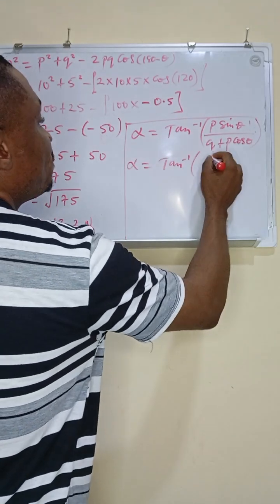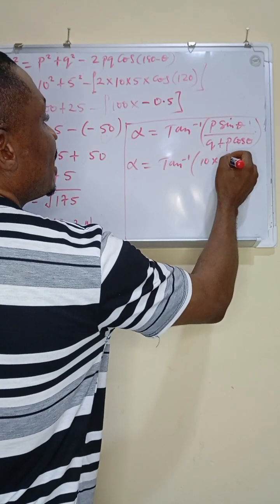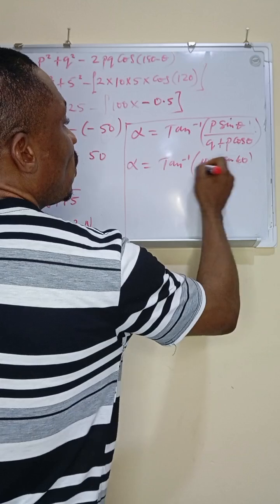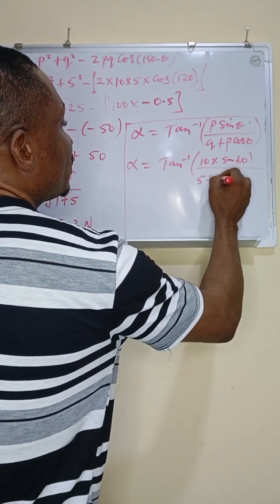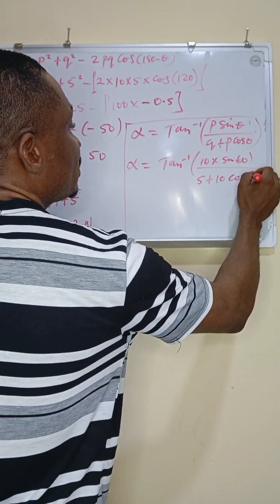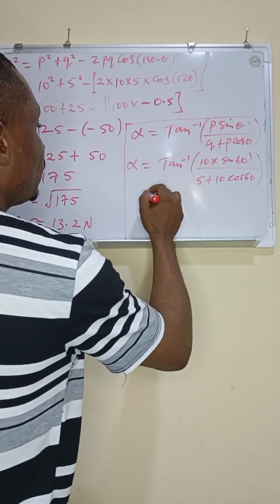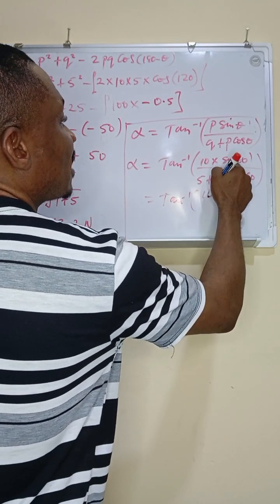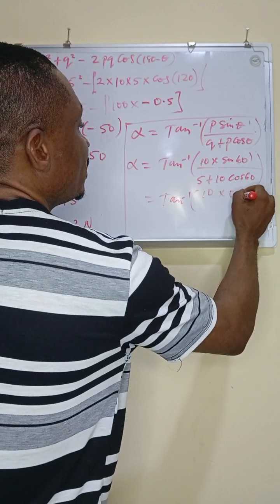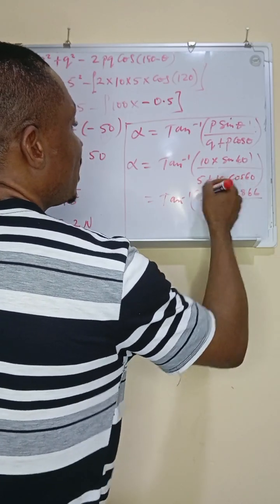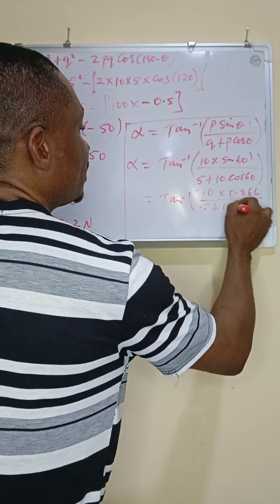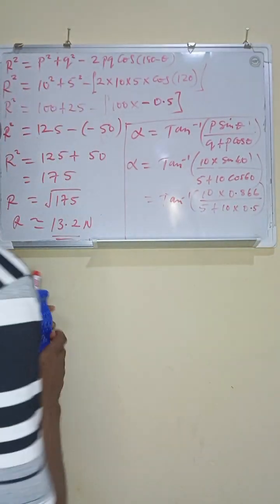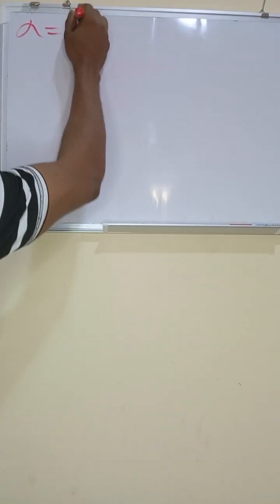Tan inverse of P, which is 10, times sine 60 all over 5 plus 10 cos 60. So tan inverse, sine 60 is 0.866, all over 5 plus 10 times 0.5, which is cos 60.